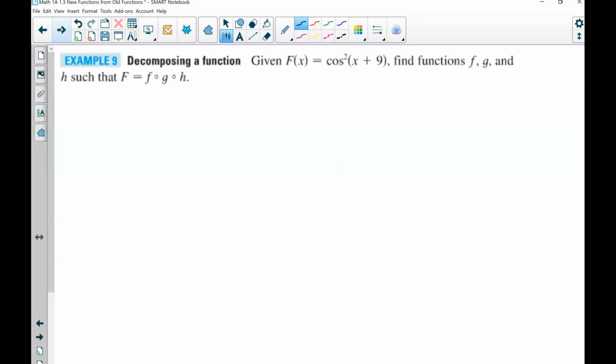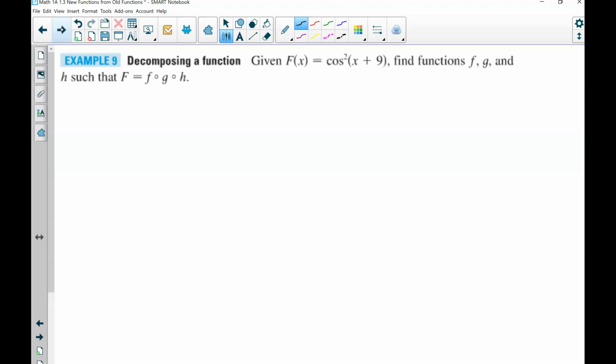Okay, and then we can also decompose a function. So if we want to decompose a function, if we're given a function capital F of x, which is equal to the cosine squared of x plus 9, we want to find what were the functions f, g, and h.